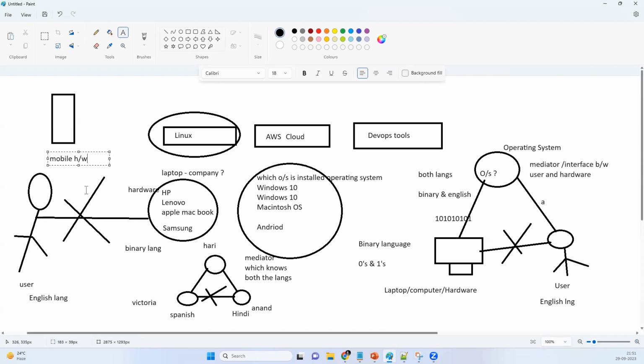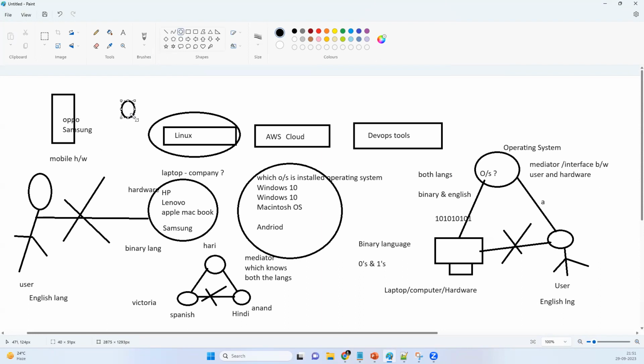Which mobile phones are you using, guys? Apple, Oppo, Samsung.